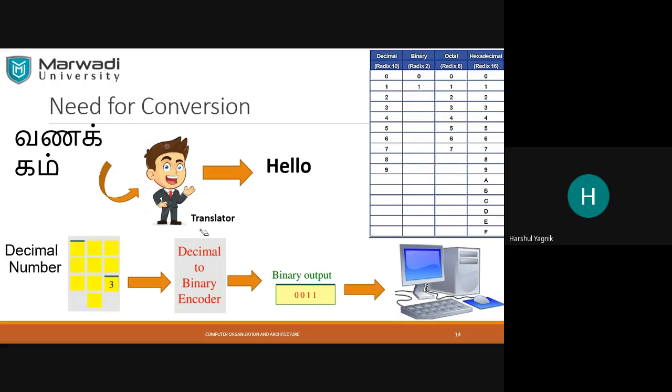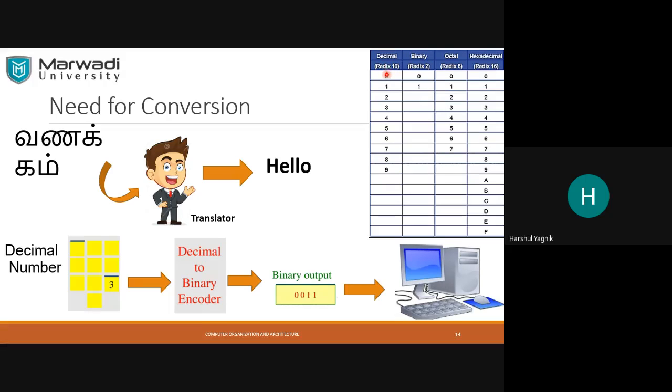Now, when we learn about binary format, we need to understand the number systems. For this course, we can consider 4 different number systems. One is decimal, which we normally use in our daily life, the radix 10 base system.